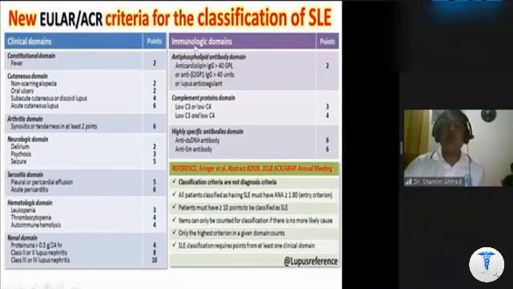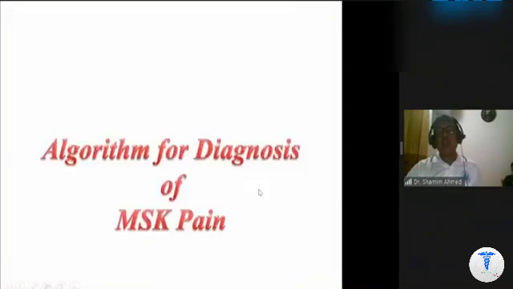And among the immunological domain, we have antiphospholipid antibody domain, complement domain, and highly specific antibodies domain. But before that, all patients classified as having SLE must have positive ANA, that means titer equal to or more than 1:80. If ANA is positive, we should consider these domains. If ANA is negative, then we should search for other diseases.